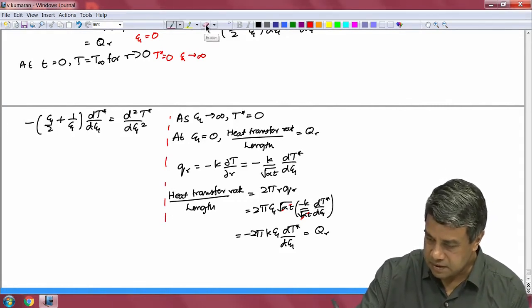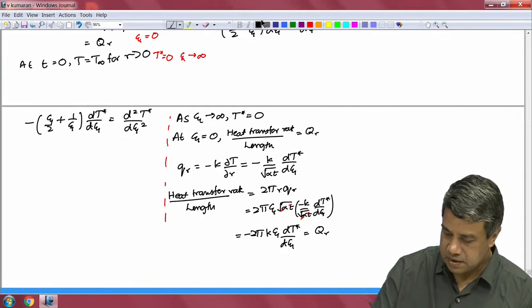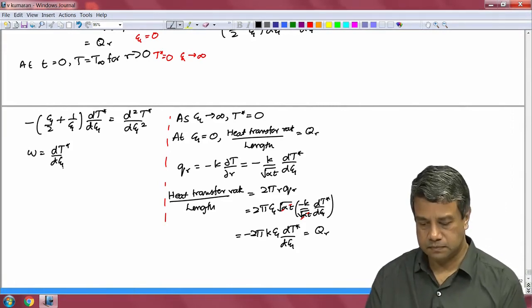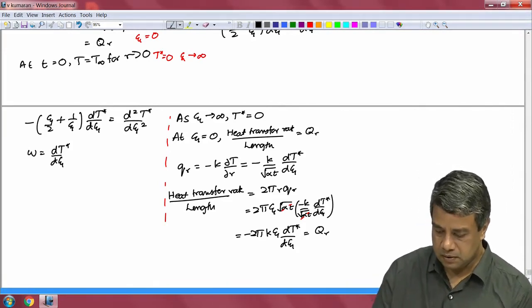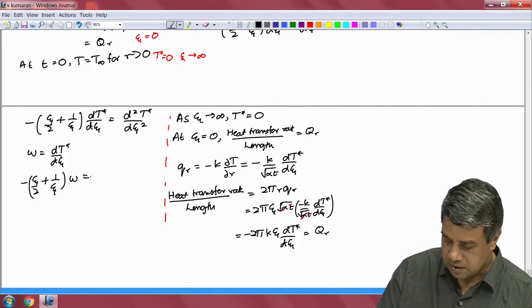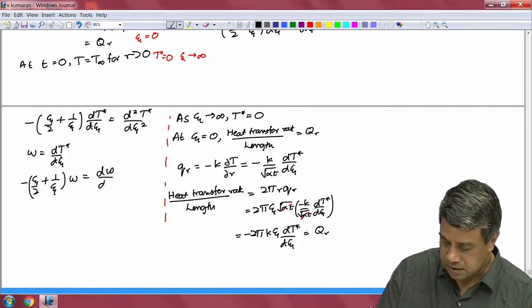How do we solve this? We had seen this earlier. We write W is equal to dT by d psi. Then you will get minus psi by 2 plus 1 by psi times W is equal to dW by d psi.